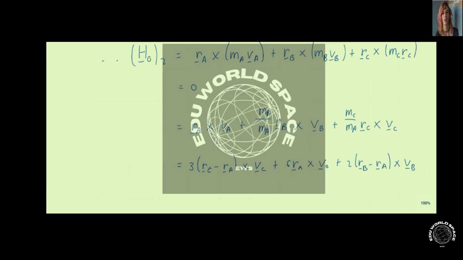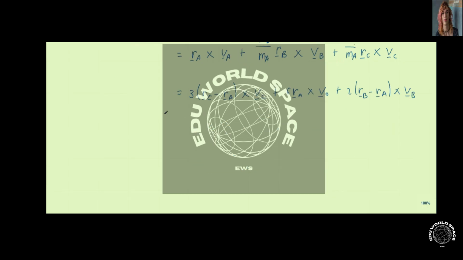But since we have expressions for our position vectors R and our velocity vectors VA and VB, we can calculate this by substituting those values in for each of those position vectors.